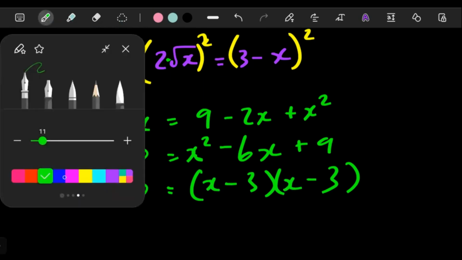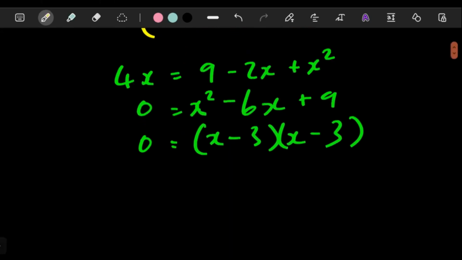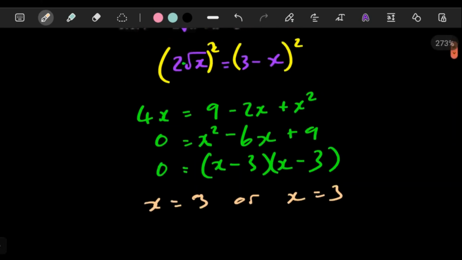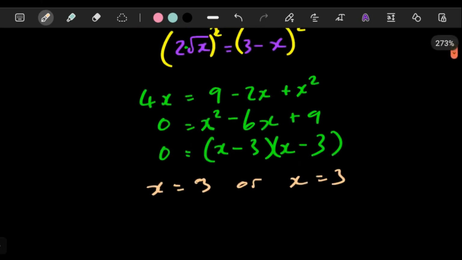All this being said, what we can safely say is that x is going to be equal to 3, or x is equal to 3. That's kind of awkward, but it's just one answer that is identical, so you don't necessarily have to write it twice. But wait, no, this doesn't look right.